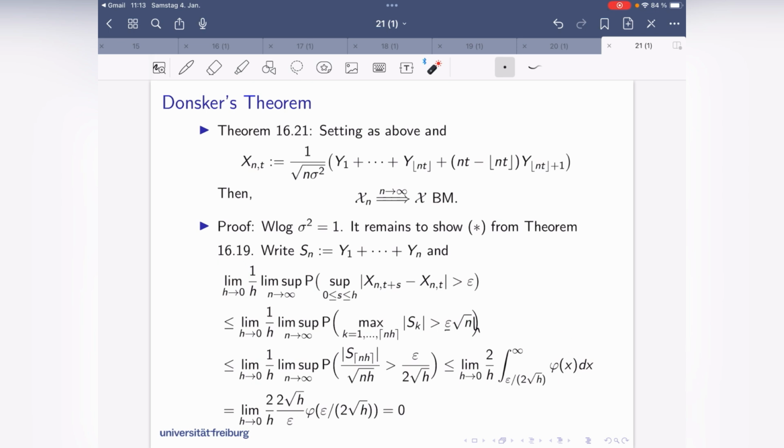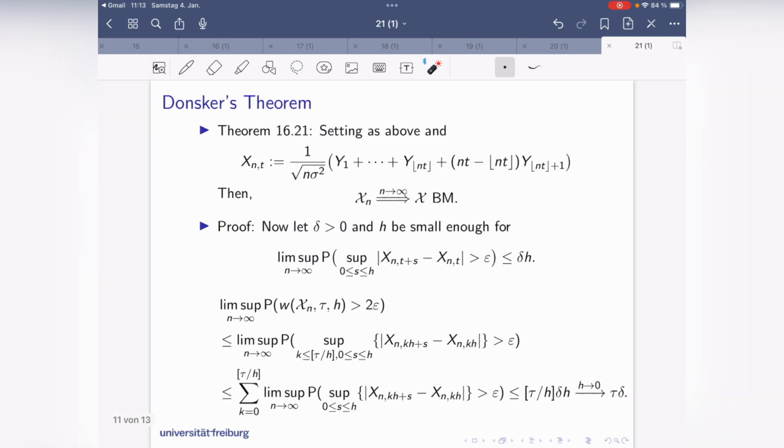We just have to translate this here, the maximal increment, to an estimate on our w, like this thing here. We have to bound this. This here has to converge to 0, then we are done. Okay, we can certainly now choose for any delta bigger than 0 and small h such that this here holds.